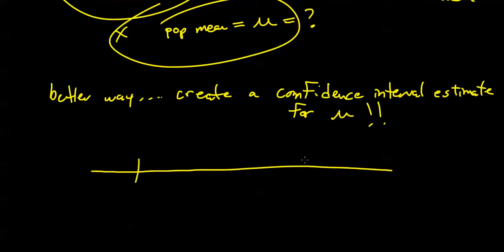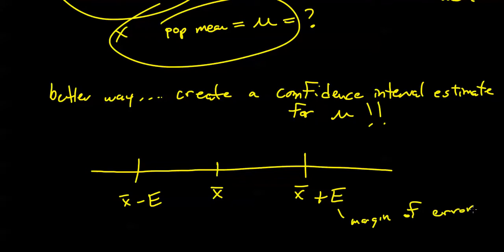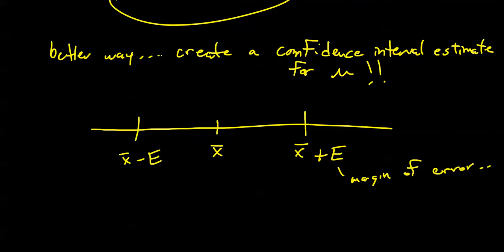We'll have a high boundary and a low boundary for my confidence interval estimate for mu. I'm going to center this around a sample mean. To create an upper and lower bound for that interval estimate, I'm going to successively add and subtract a value capital E, which is, of course, our margin of error. Now, the formula for E changes here a little bit in section 7.3. We'll talk about that in a minute.